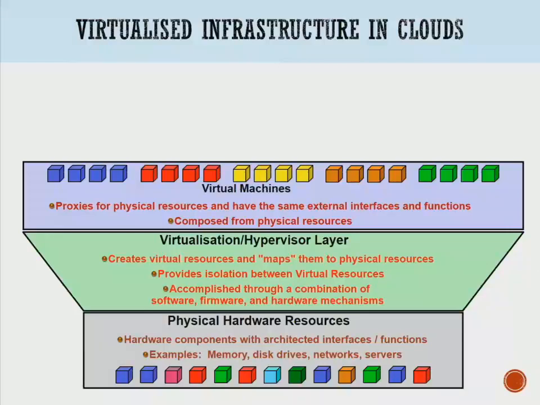So of course, at an abstract level, its job is to create virtual resources and map them to physical resources, but how it is actually implemented inside the hardware and software depends on whether it is type 1 or type 2, and what the mechanism of virtualization is, either full virtualization or para virtualization or hardware assisted virtualization, or it could even be based on Docker, which is called container-based virtualization.